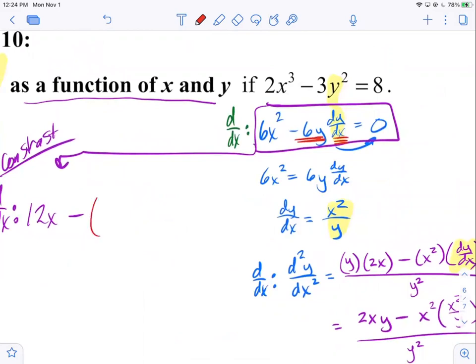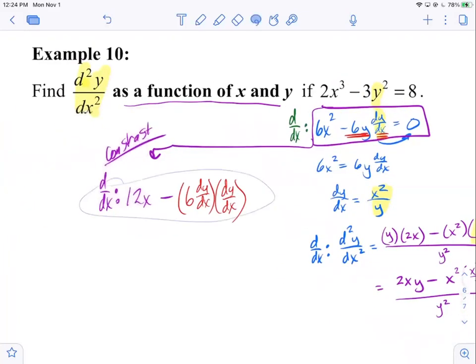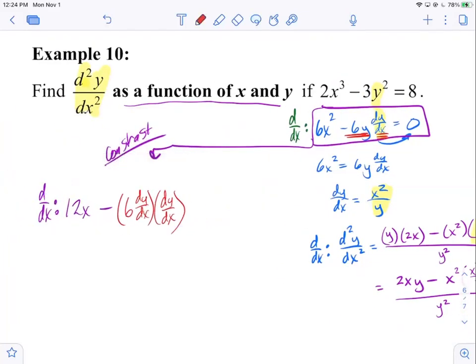It would be negative 6 dy dx times dy dx goes along for the ride, right? Plus negative 6y goes along for the ride times the derivative of dy dx, which is the second derivative of y with respect to x. There it is, and that equals 0.